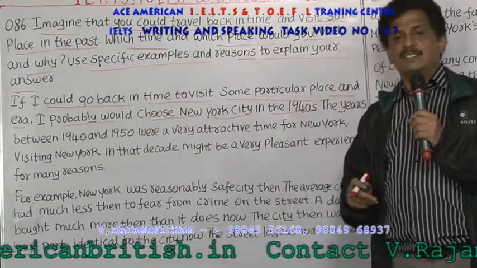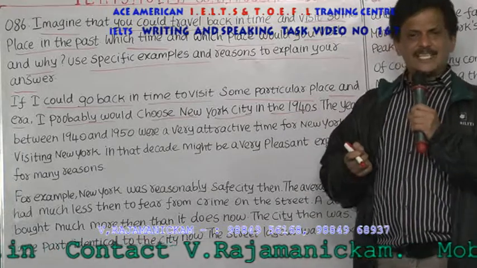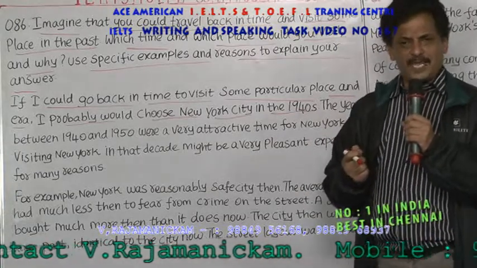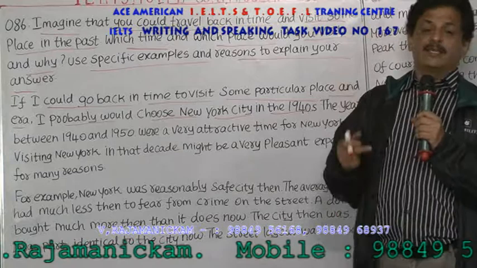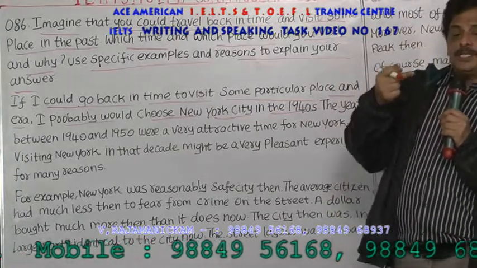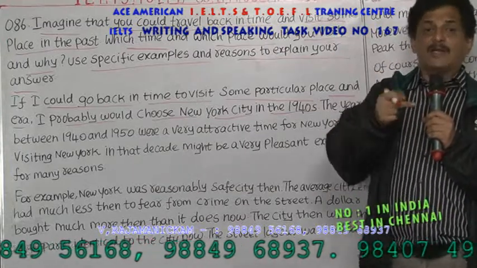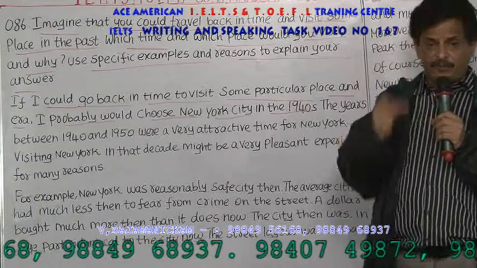So this gentleman says the 1940s in New York. This is the time and that's the place I wish to go back to. If I were given a chance to go back to a time and a place, it would definitely be New York, and the period is the 1940s.